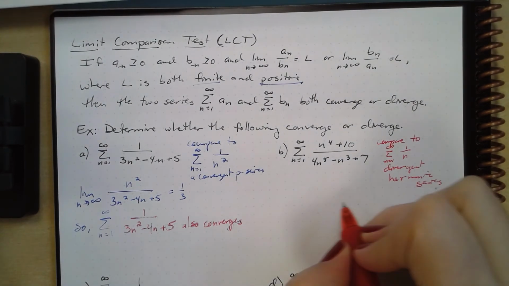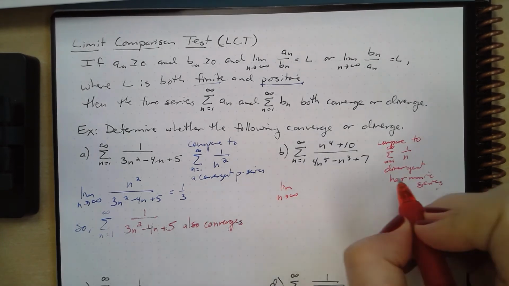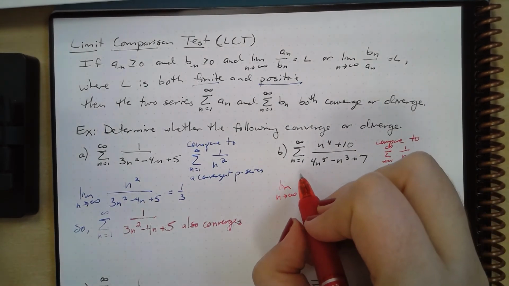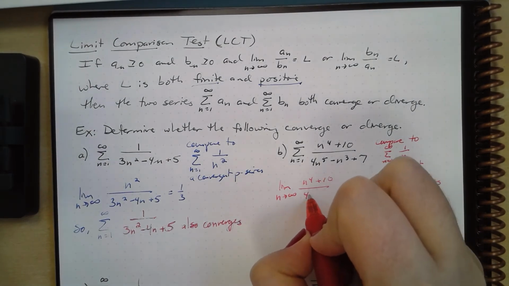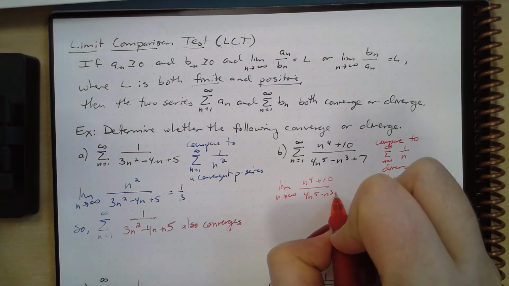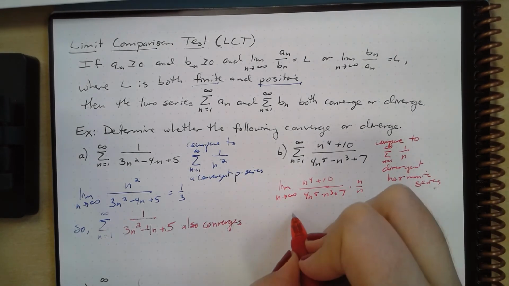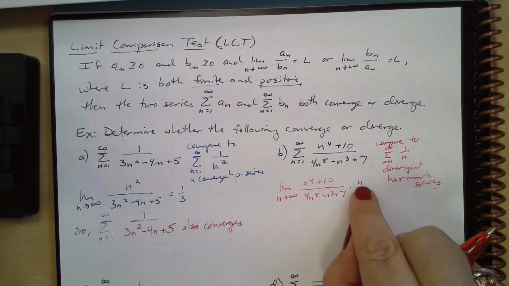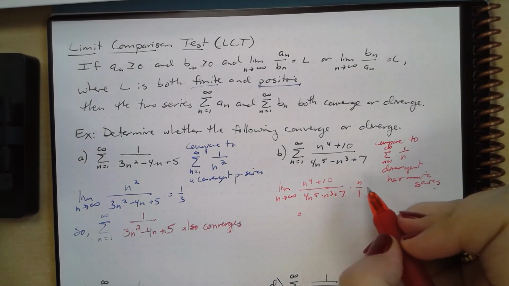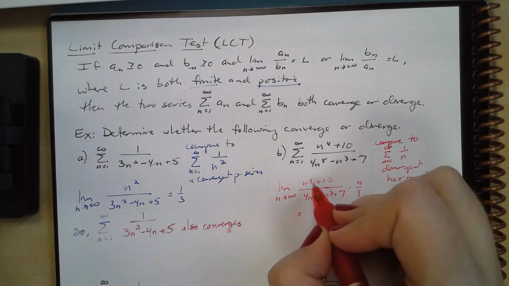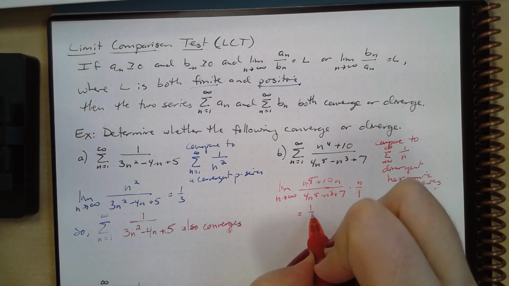So if I find this limit, I'm going to have the limit as n approaches infinity of n to the 4th plus 10 over 4n to the 5th minus n cubed plus 7, times n over 1. I wrote n over n, but I meant n over 1. This is basically going to become n to the 5th plus 10n over 4n to the 5th, so I'm going to get 1/4 here.